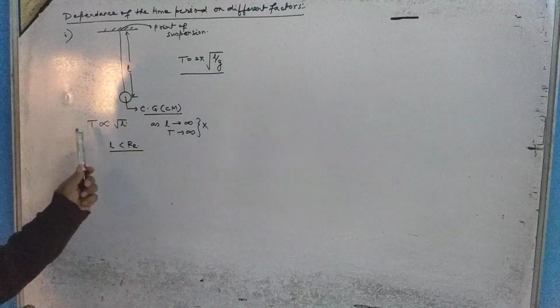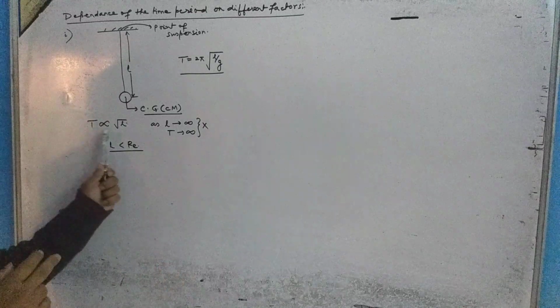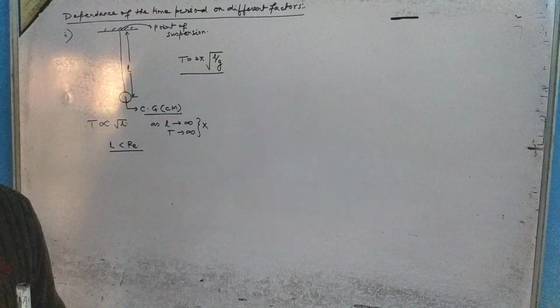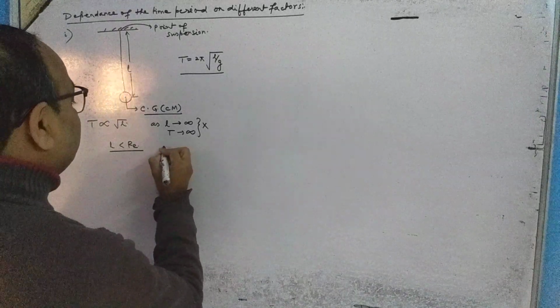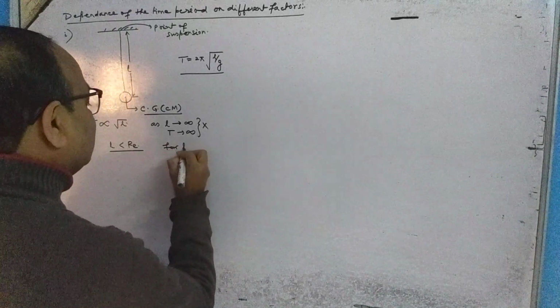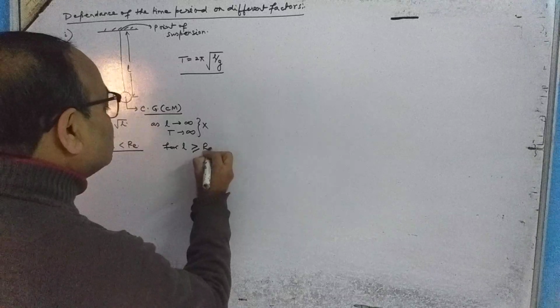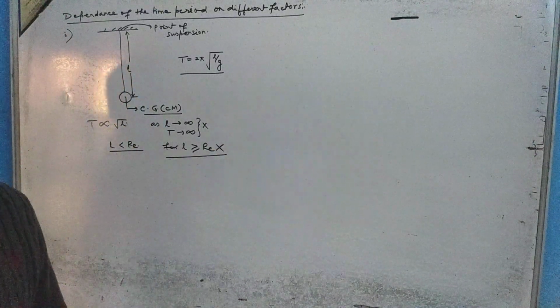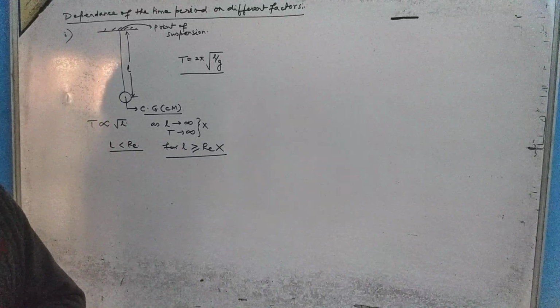So mind this, under ordinary conditions it will be applicable. But I have told you the limitation: for L greater than or equal to R_E, this will not be applicable. I hope you got my point.